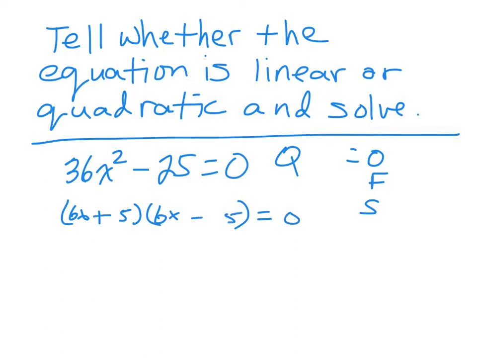Minus in one, plus in the other. So we got it factored. And then set each factor equal to 0 and solve. So 6x plus 5 is equal to 0. And 6x minus 5 equals 0.